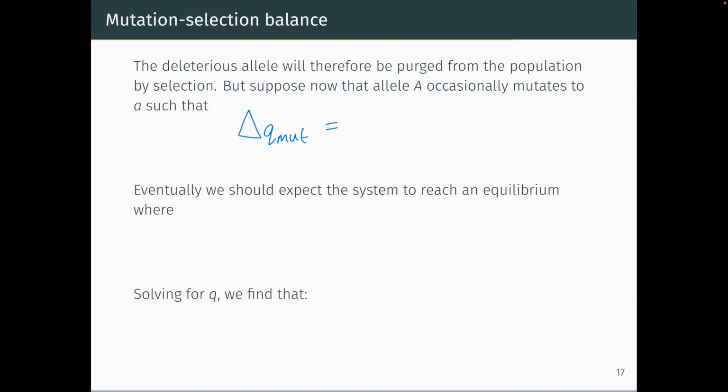Or actually, I'll call it U, slightly easier. Our mutation rate U times the frequency of our big A allele, which is P. And because little a is rare, that means that big A is very, very common. So this is just going to be approximately equal to U. So P is approximately equal to 1.